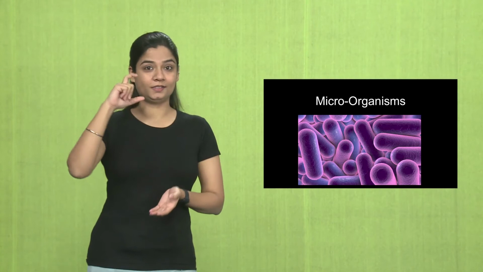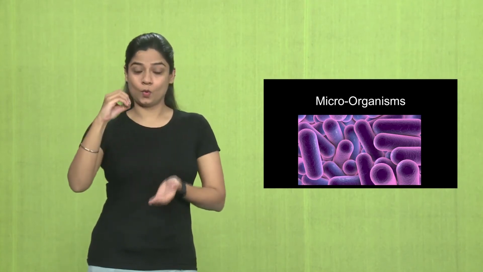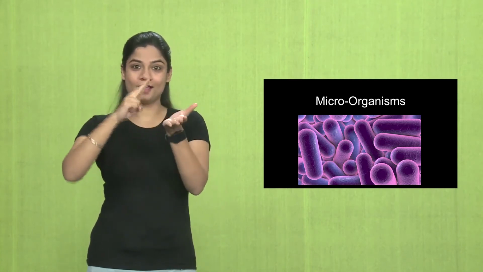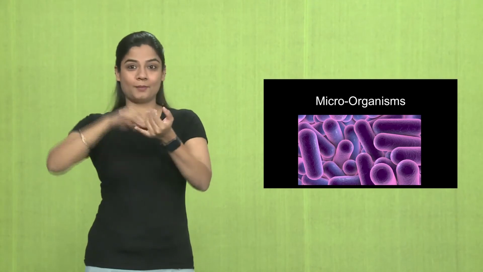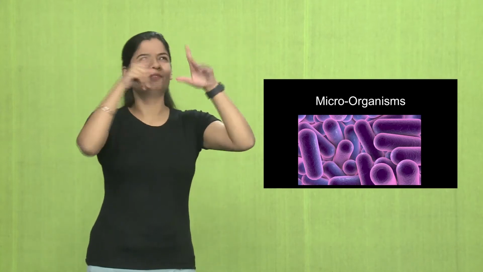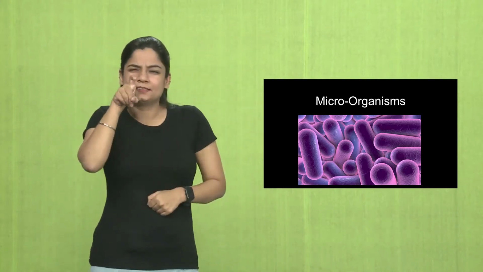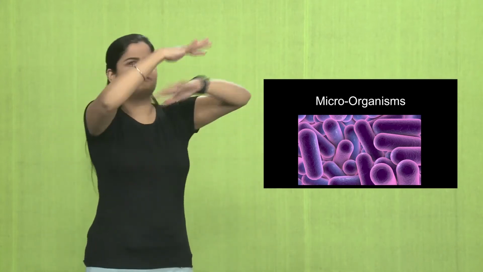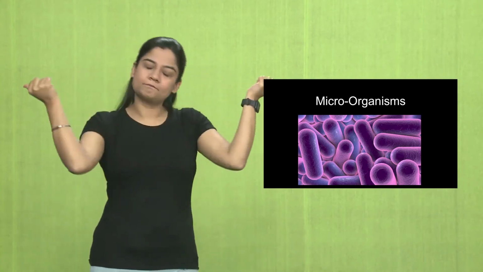Microorganism, an organism that is present in the atmosphere. It is so micro, it is so small that you can't see it. It's very, very small, but it can be seen through a microscope. Microorganisms can be seen through a microscope.